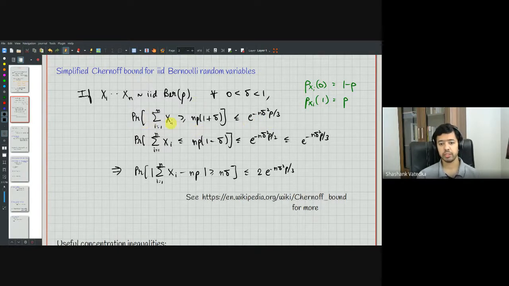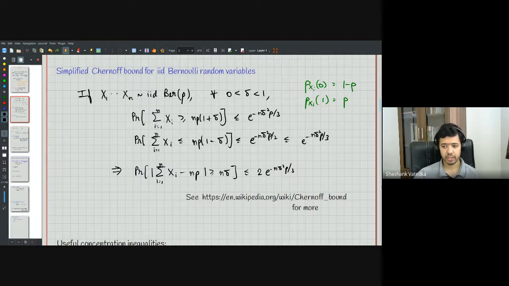The probability that the summation over all xi deviates from the mean, which is equal to np, by an amount n delta, is upper bounded by some quantity which is exponentially decaying. This is a very useful bound, and we'll make use of this in the next couple of classes.